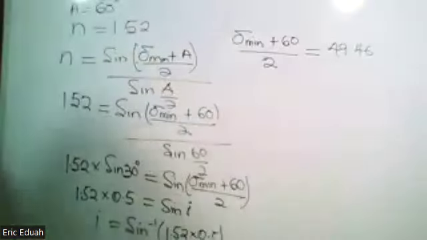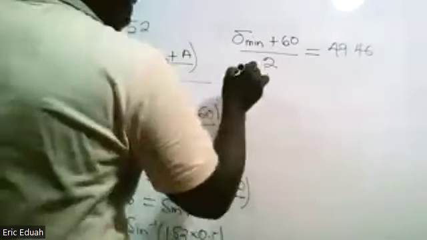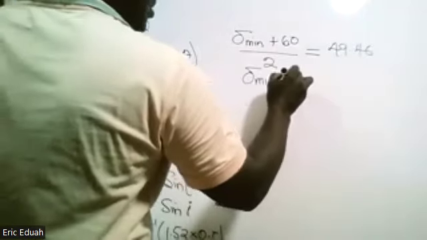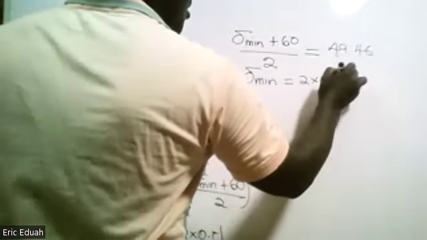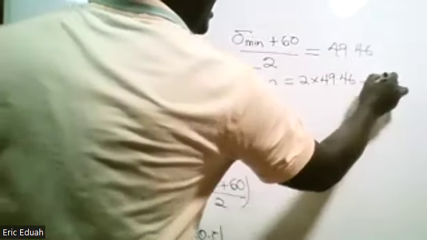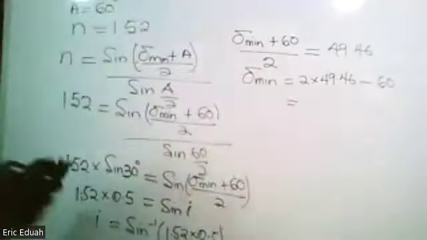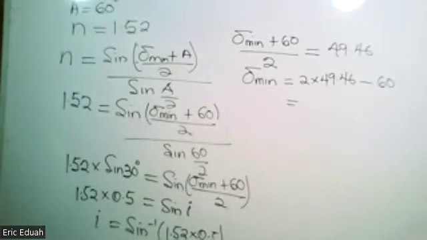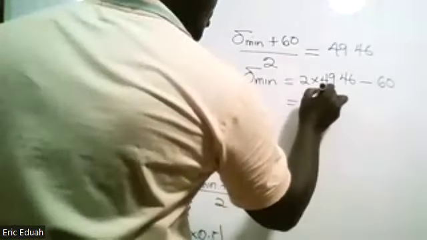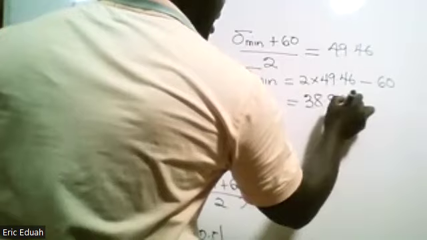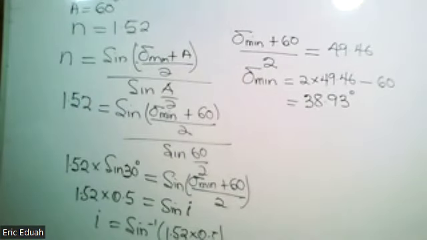Therefore, making the minimum deviation the subject, it is equal to 2 times 49.46 minus 60. So do the multiplication, then subtract 60 from that. And you have 38.993 degrees. That's what it is.